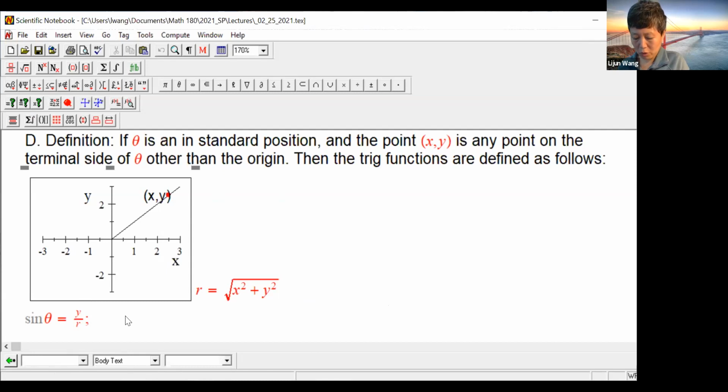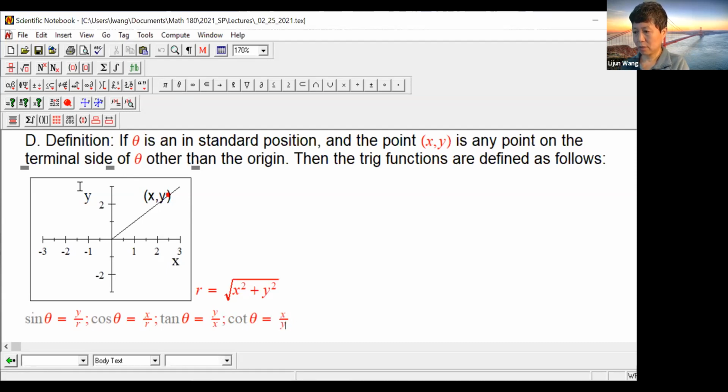Okay, so what is cosine theta? X over R. Yeah? Tangent theta. So all of these definitions are given. And what does it tell us? Y over X. Cotangent theta is what?